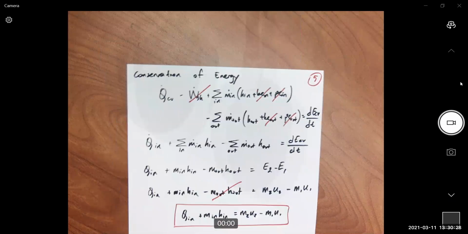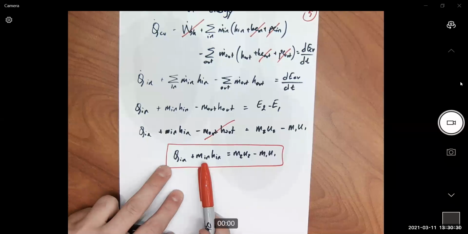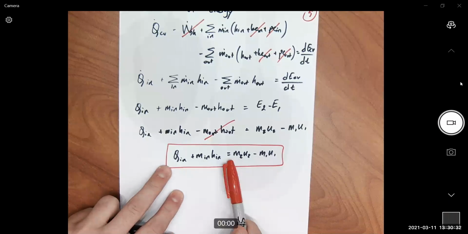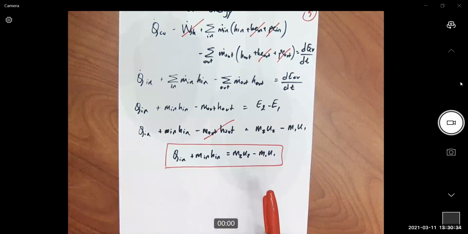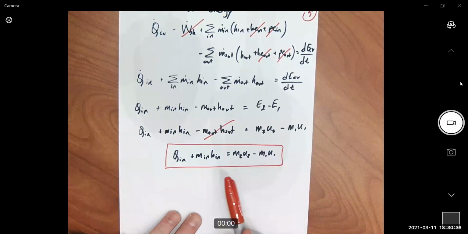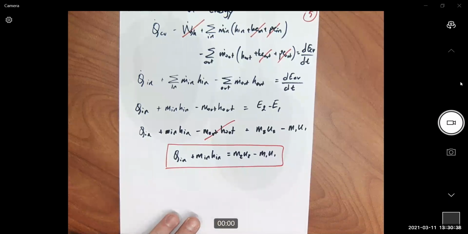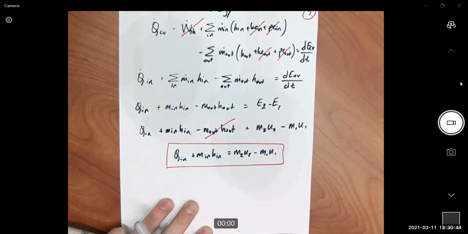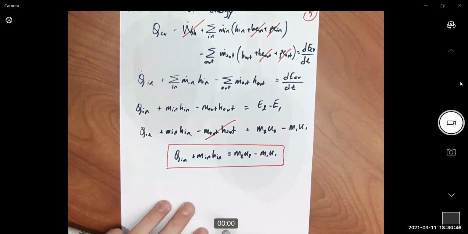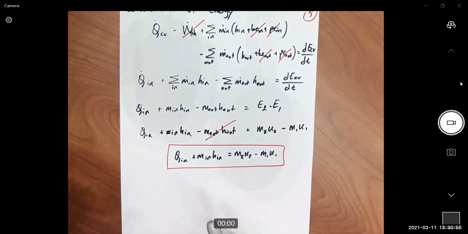Okay, let's continue. Now I know the relation between Mn and M1 and M2 from conservation of mass. And I also know my conditions inside the tank, which is my state point. And I also know what I'm putting in from the line. And I also know the conditions in the initial state in the tank.